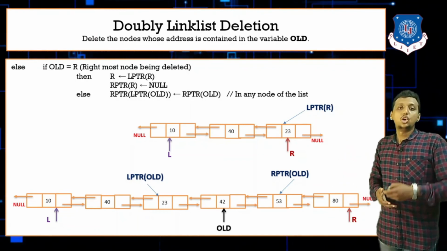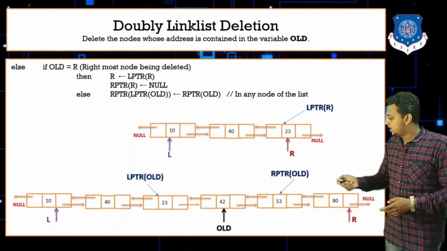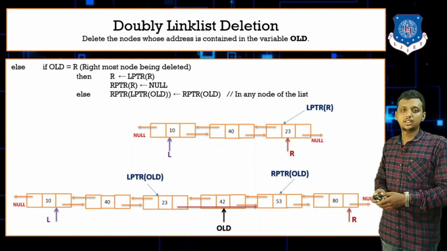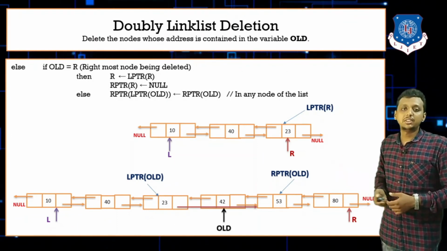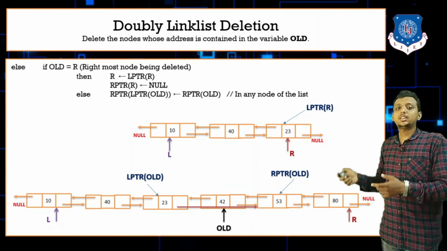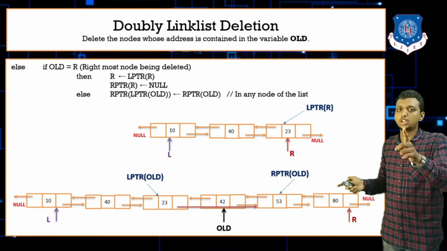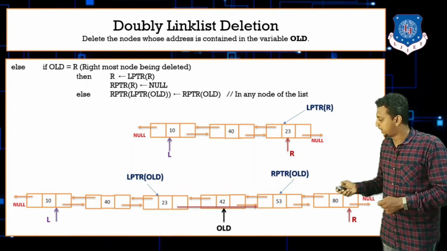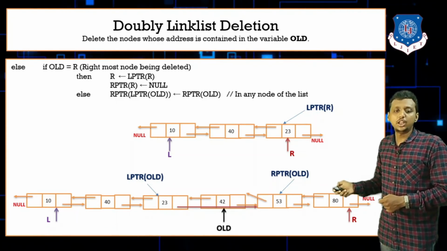Fine. Now, what to do next? See, now my right link of the 23 is gone and connected with the 53. Now, let me start with the next step. Now I want to connect the left link of 53. So students, what is the name of the left link of the 53?